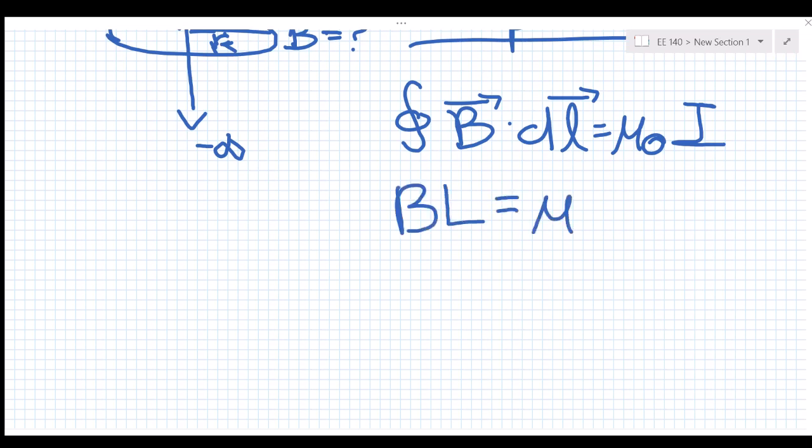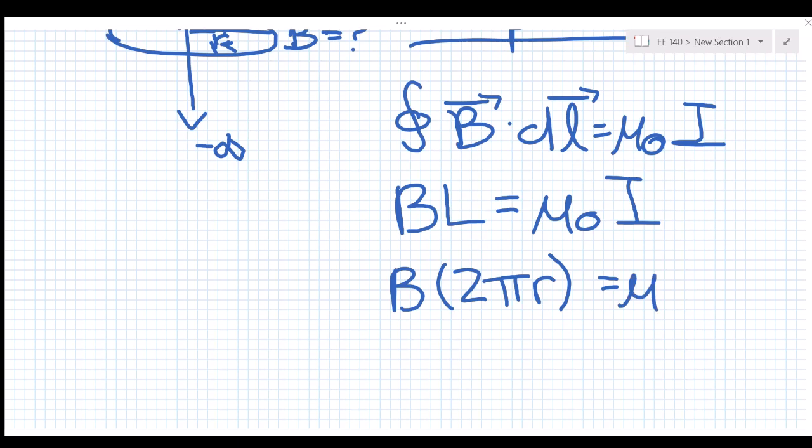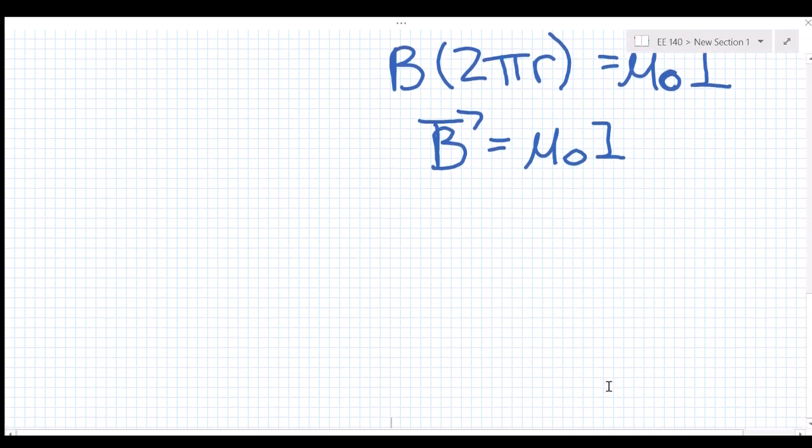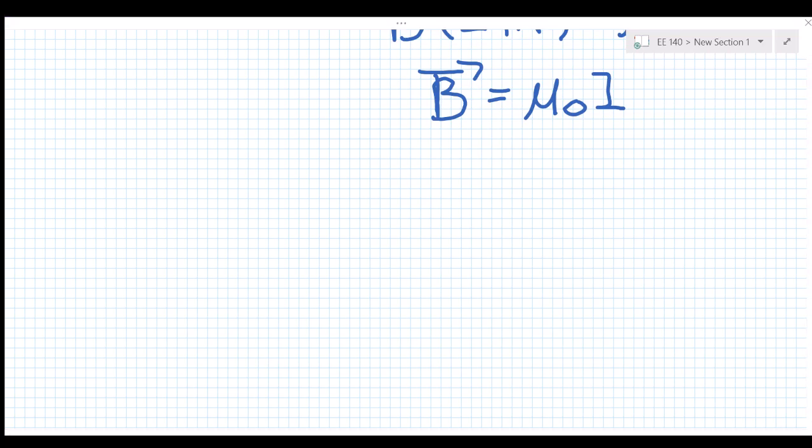Since B is uniform and parallel to the loop, it becomes B times L, the circumference, equals mu naught I. The circumference is 2 pi r, so we get our magnetic field equal to mu naught I over 2 pi r.